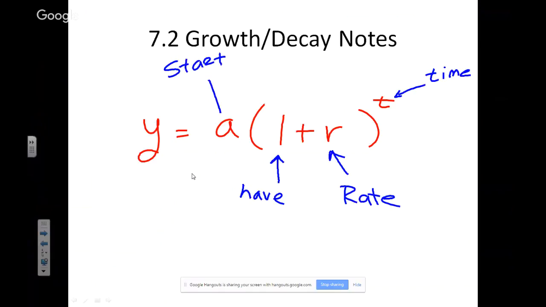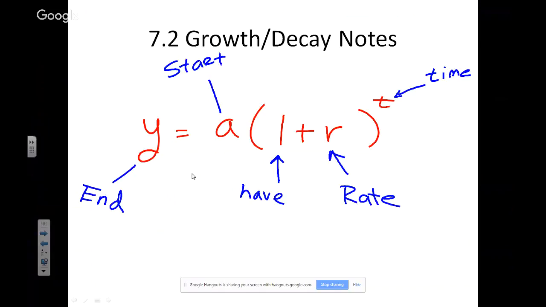How much do we start with? Anyone want to guess what y is? After we do all this stuff to it, it's the total, or how much we end up with. It's kind of the end, after we've done what we're going to do.